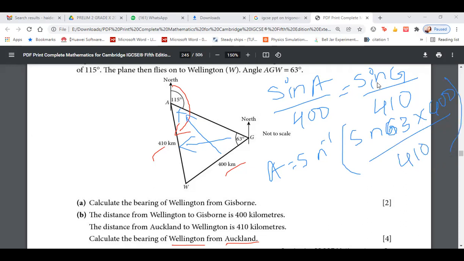How much is the answer for A? 60.4. 60.4 degrees. So when I add 60.4 plus 115, what am I getting? 175.4. Round it off to the whole number, so that will be 175.